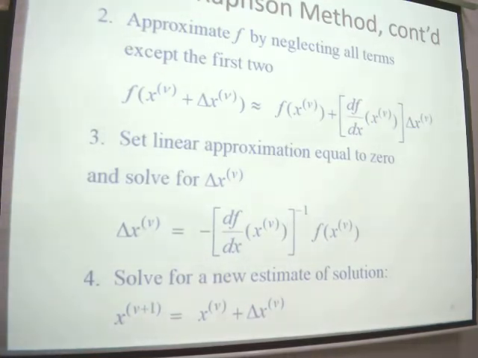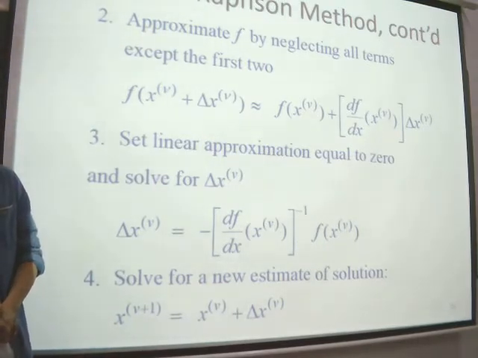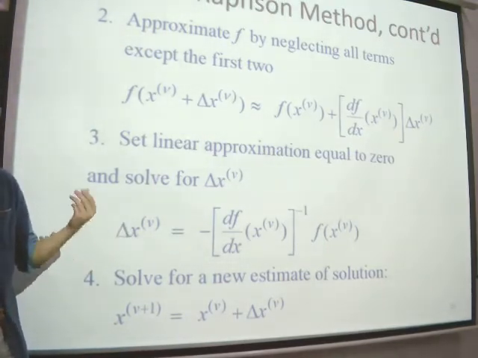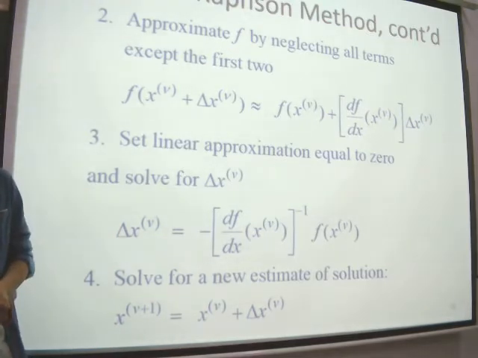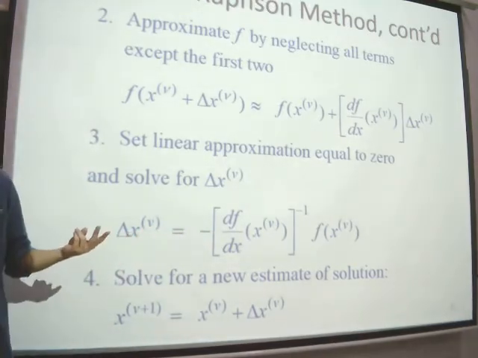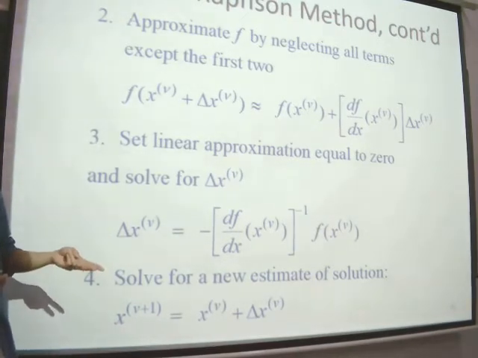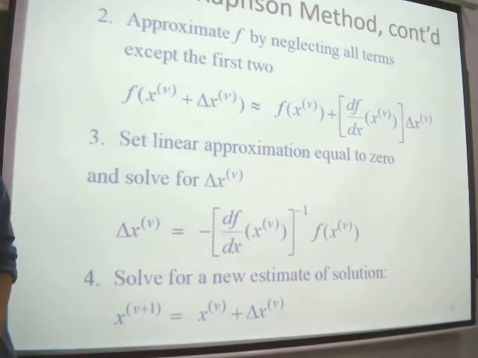Okay, so the second step is to approximate the function f(x) by keeping only the first or two terms. We know that in the Taylor series, the third order, the fourth order, the fifth order terms are much smaller compared with the first and second order terms.